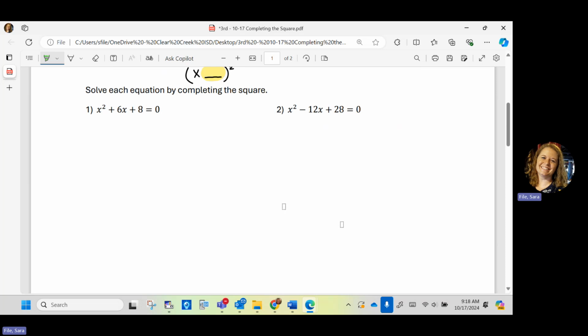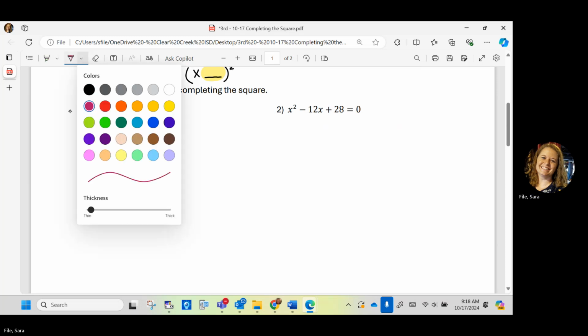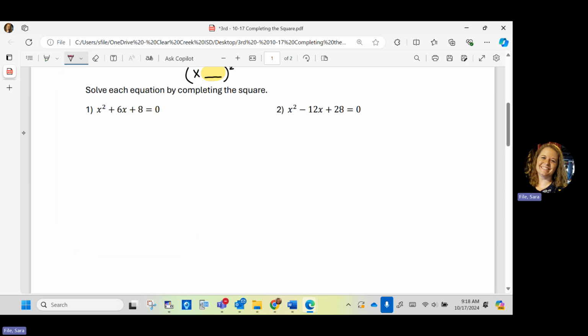Step 1, I'm going to get the constant to the right side. So this is 8. I'm going to subtract 8 from both sides. And this is where I'm going to now put my plus blank. On the right side, 0 minus 8 is just negative 8, and then I put my plus blank.